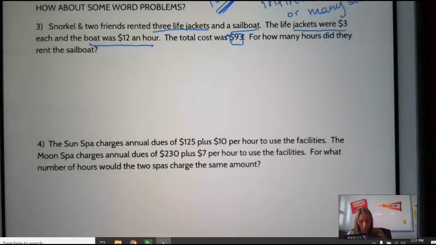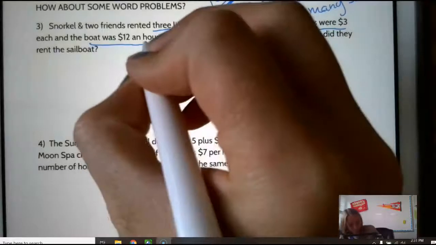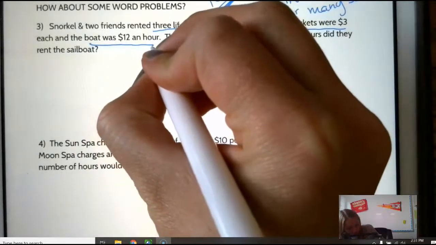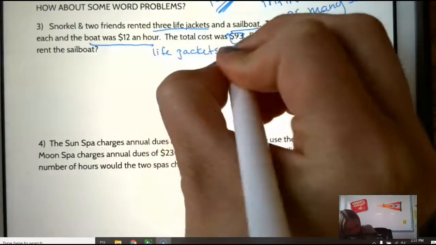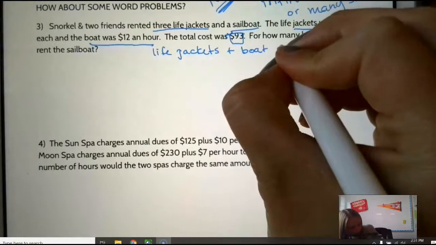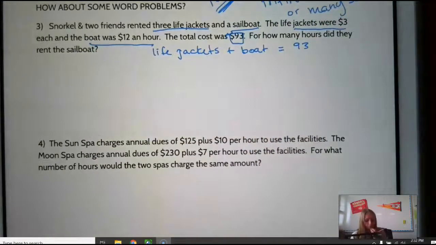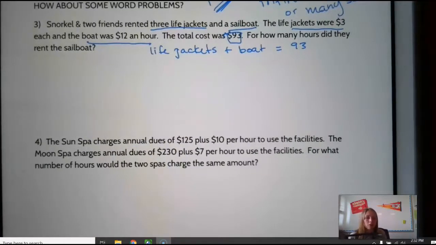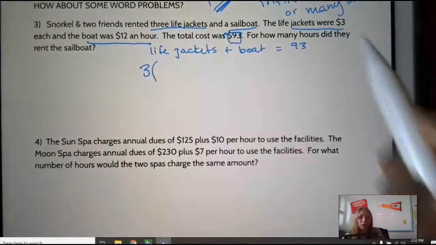So let's write it out in words first. We have life jackets plus sailboat, I'm just going to write boat, equals $93. We know that we had 3 life jackets, and they were $3 each.